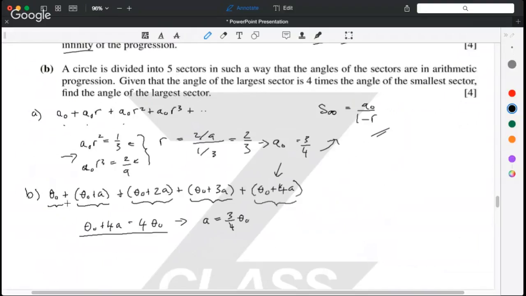Well, how many copies of theta are there? There's 1, 2, 3, 4, 5 copies of theta in the sum. So we know this whole thing is equal to 360 degrees. How many a's are there? Well, there's 4, 5, 6, 7, 8, 9, 10.